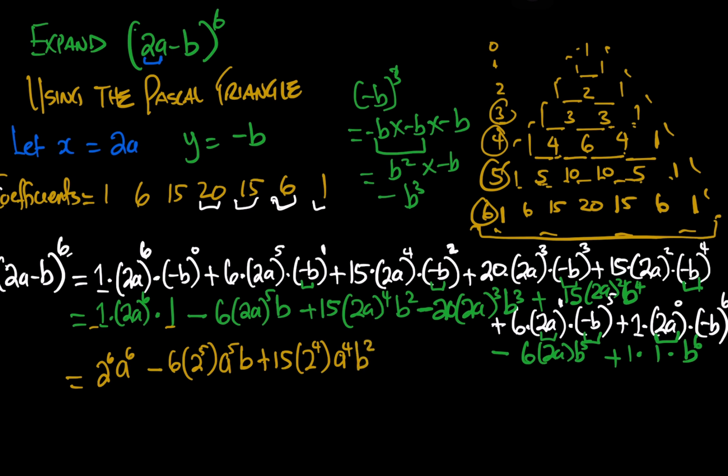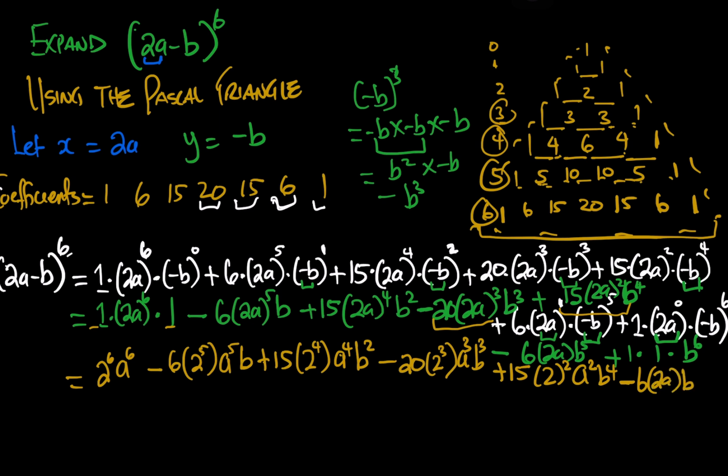And this is going to give us minus 20 times 2 to the power 3, a to the power 3, b cubed. All right, and then this one will give us plus 15 times 2 to the power 2, a squared, and then we have b to the 4. And this one is going to give us minus 6 times 2a, b to the 5. And then the last one is going to give us plus b to the 6, in that order.